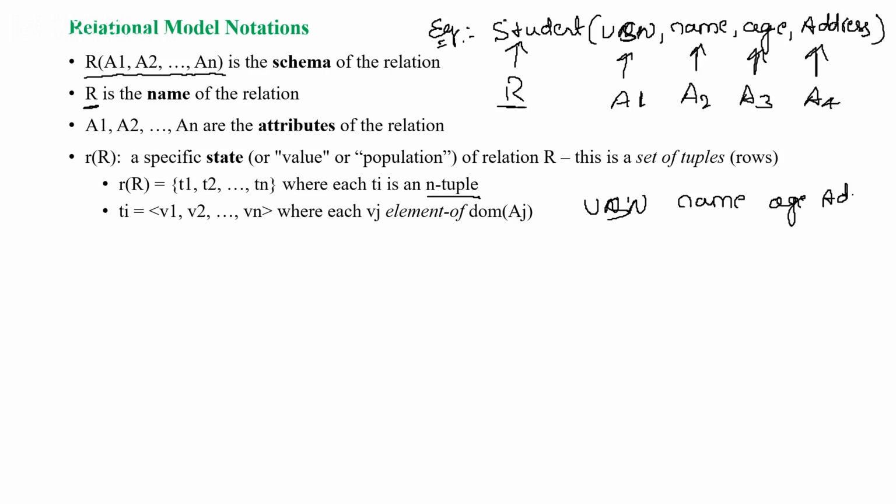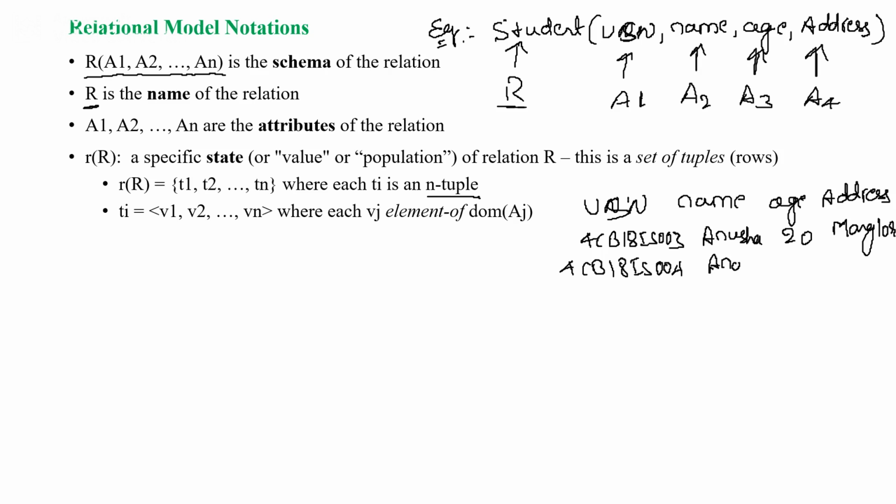One row might be 4CB18IS003, name Anusha, age 20, and address Mangalore. Similarly, a second example is 4CB18IS004, the name is Ananya, age 20, and she is from Udupi.